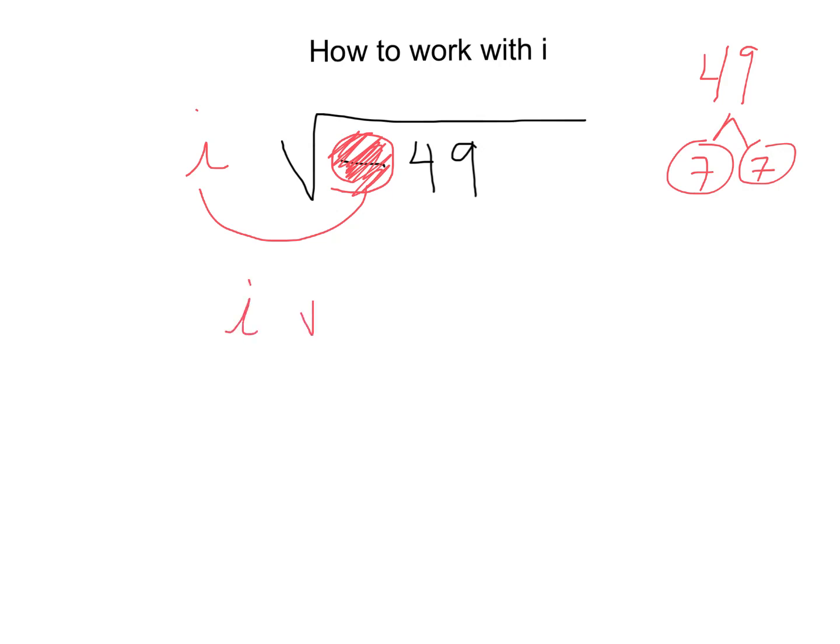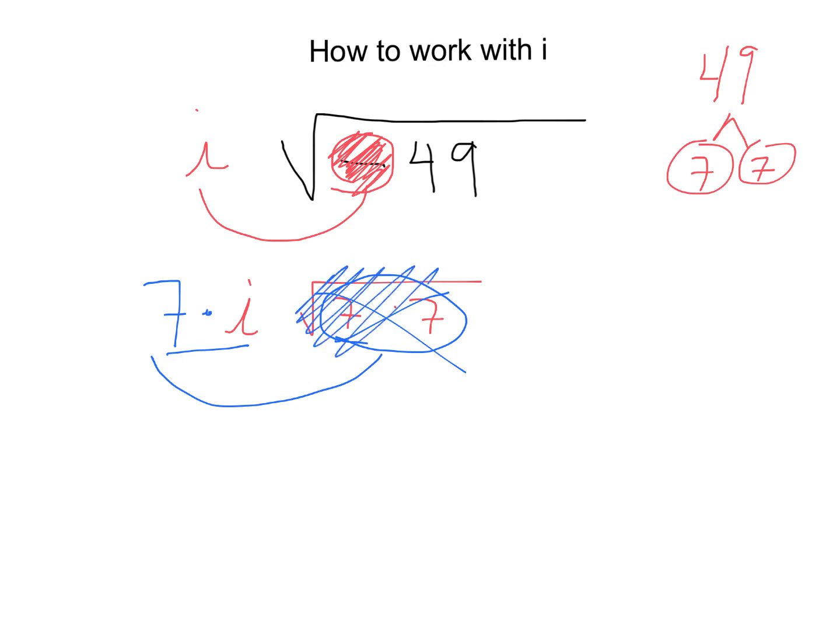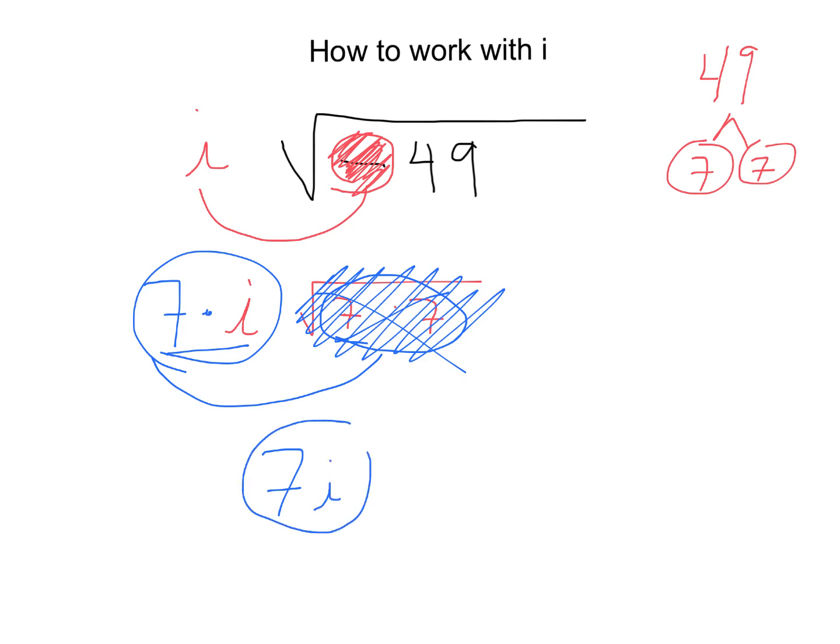So i radical 7 times 7. Perfect pair right there. That's going to come out. Multiply with the i. Now again, remember, I took everything out of the radical, which means there's no radical left. So let's multiply this. 7 times i is 7i. There it is. Piece of cake.